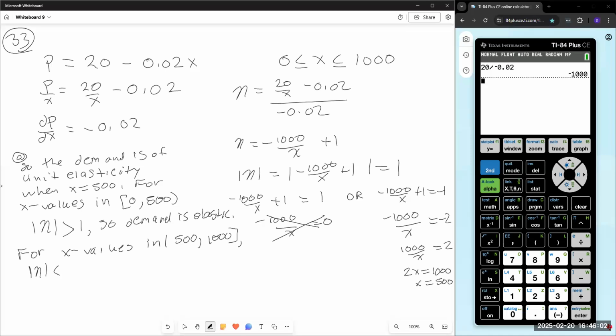It's less than 1. So demand is inelastic.